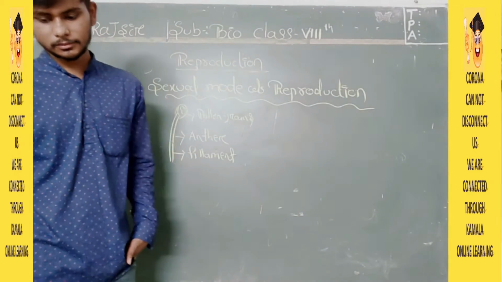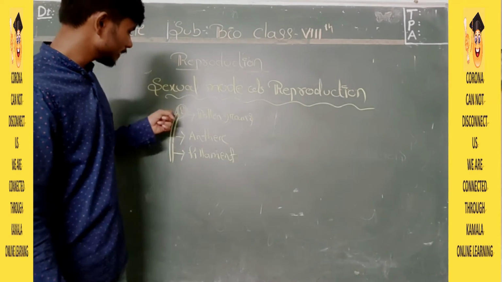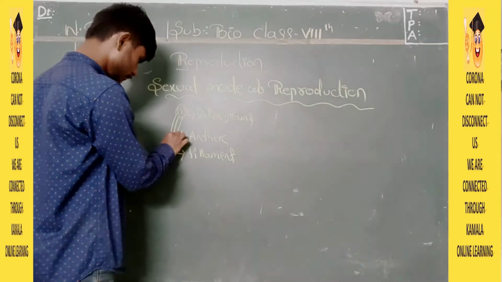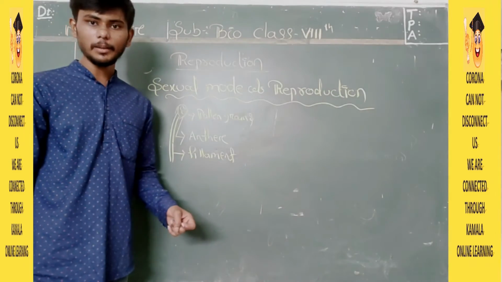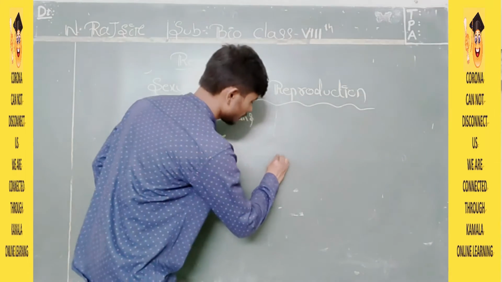Isn't it? Male flower, where pollens will be there. Here pollens will be there, and this is called the anther, which contains it. And the pipe is called the filament. This we have read.